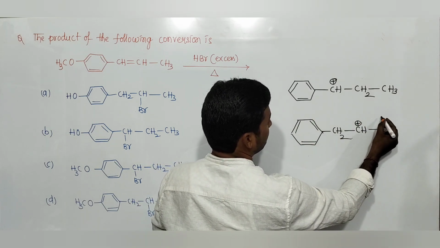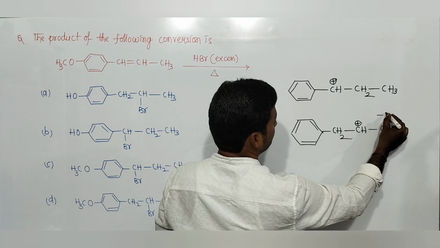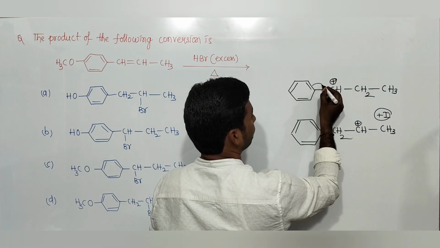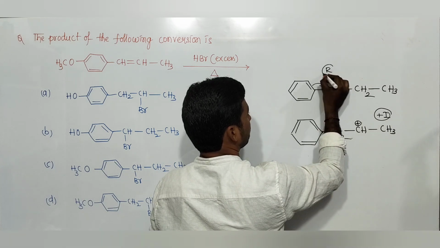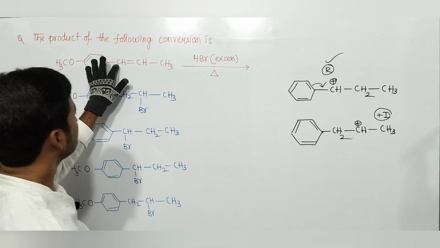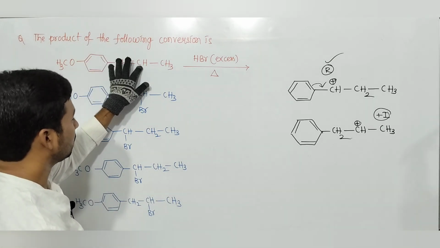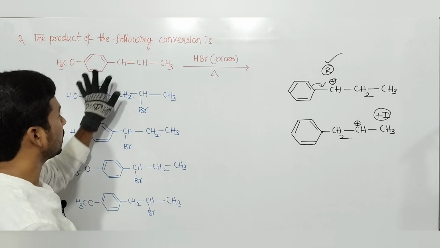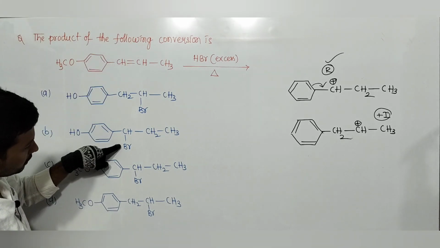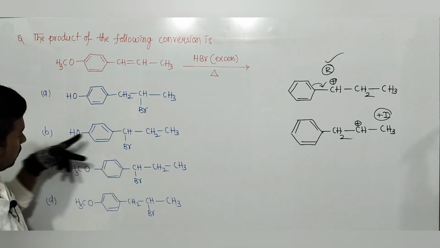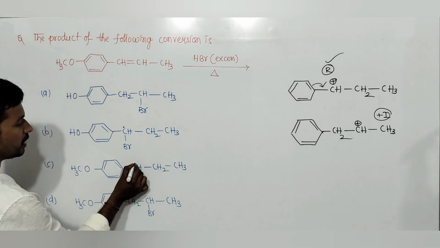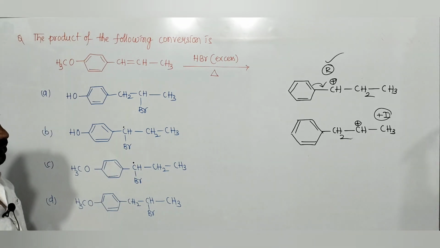Which is more stable? What is the effect here? Inductive effect, plus I effect. Here, what is this? Resonance effect. So resonance stability is greater than inductive effect stability. That's why this carbon becomes positive, and hydrogen is added here, bromine is added here, that is correct. Between these, which one is correct? So hydrogen added here, bromine added here. Okay, that is the correct product.